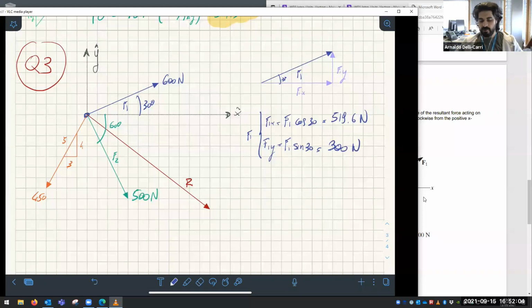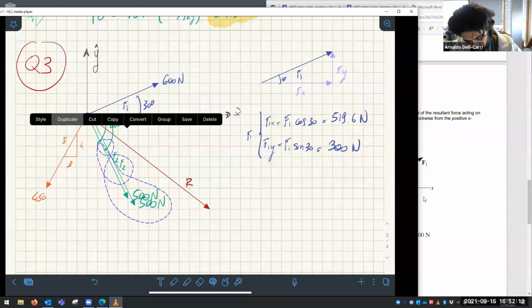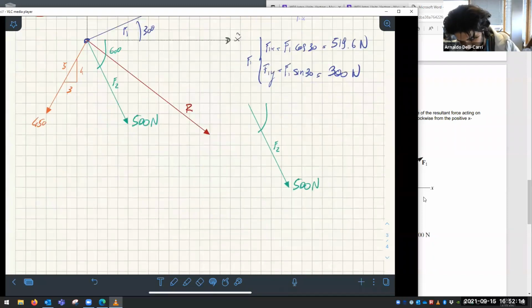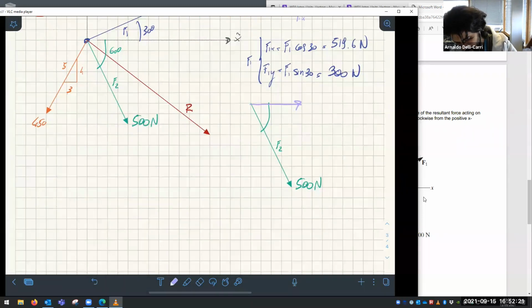Let's do F2. So let me copy this one. So this is the first component. This is the vertical component.